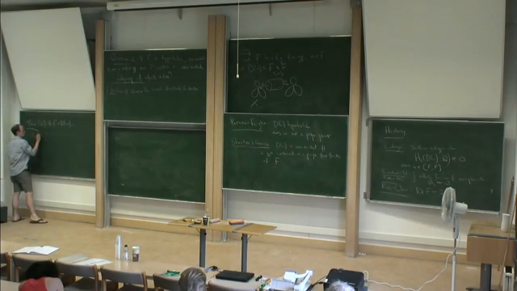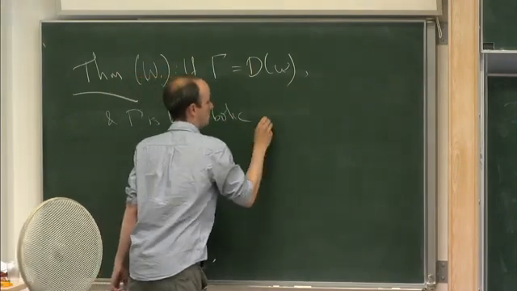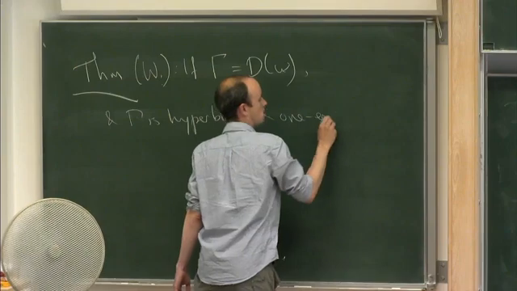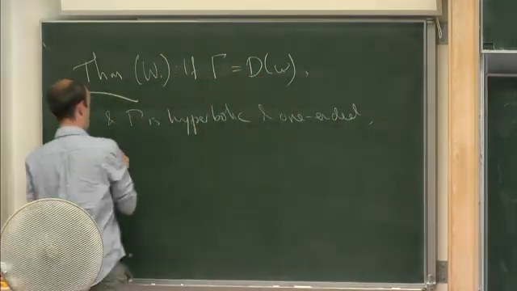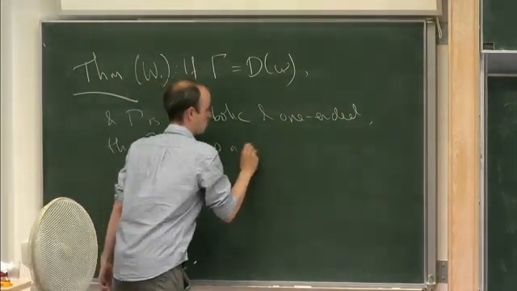if gamma is D of w, or more generally any graph of free groups with cyclic edge groups, and gamma is hyperbolic and one-ended, then gamma contains a surface subgroup.